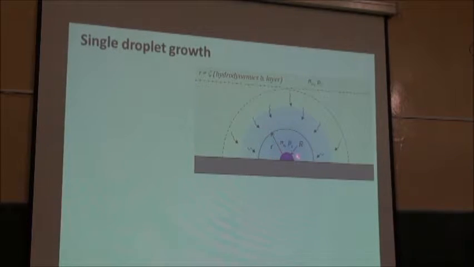And now at the surface, you have a temperature which is the substrate temperature, and you have the saturation pressure at that temperature, which corresponds to the concentration of water molecules. And now, of course, by Brownian motion, you have the water molecules in here that are in Brownian motion.